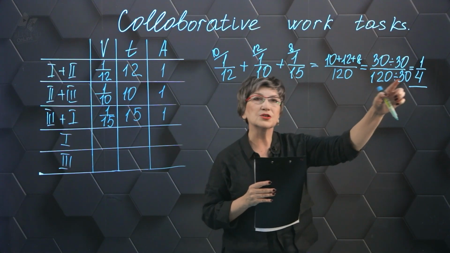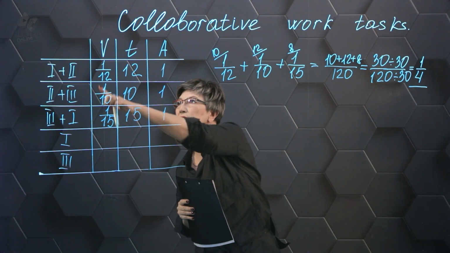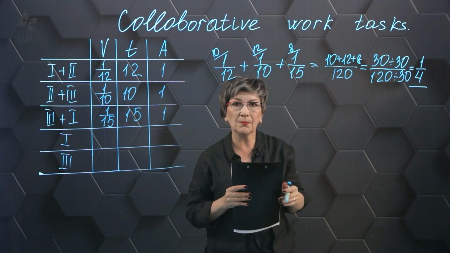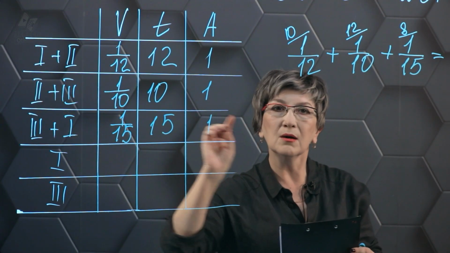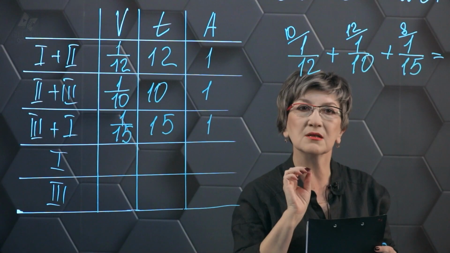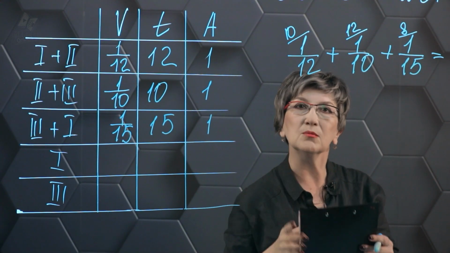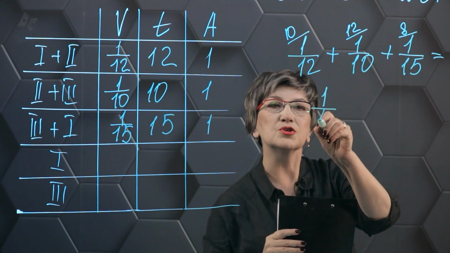And then 1/4 is the productivity of the companies. But notice that each company is written twice in the condition of the problem. Therefore, I need to divide 1/4 by 2.